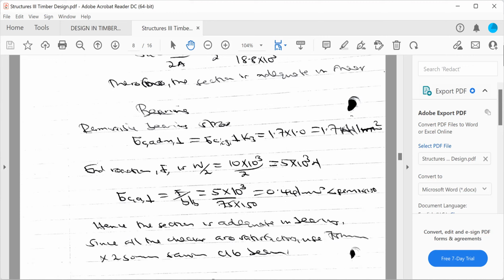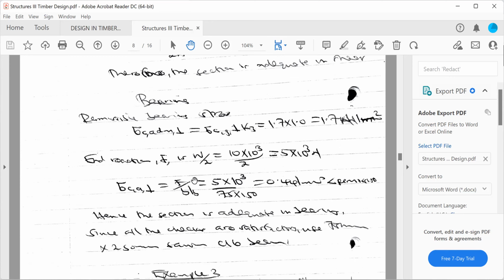Why? Because we said we are not sure if the vein, that defect, is prohibited from occurring. So it was 1.7, I multiply by K3, which is a load duration factor, which is 1, you get 1.7 Newton per millimeter squared.